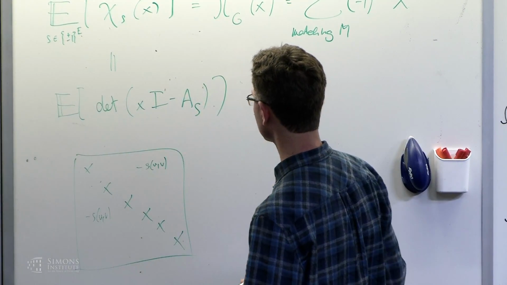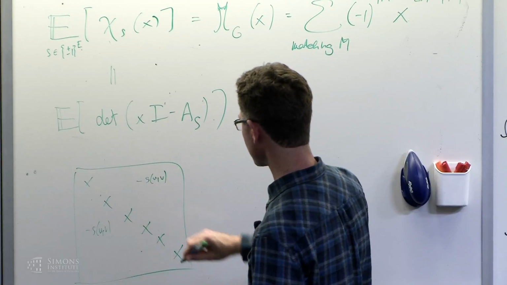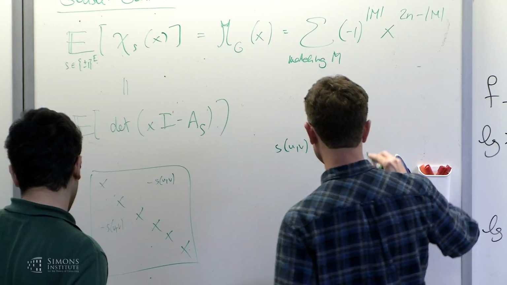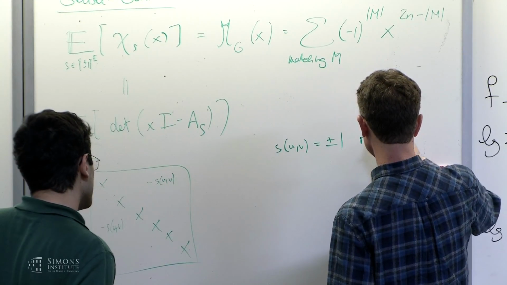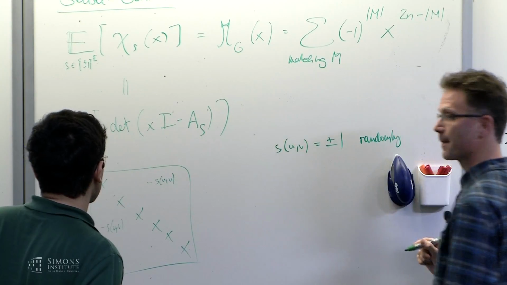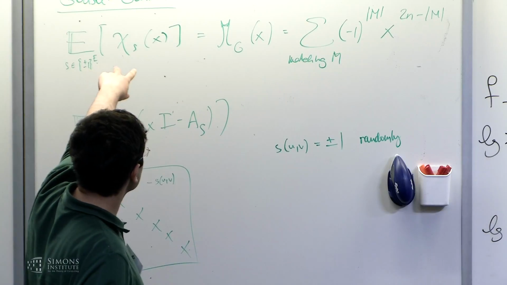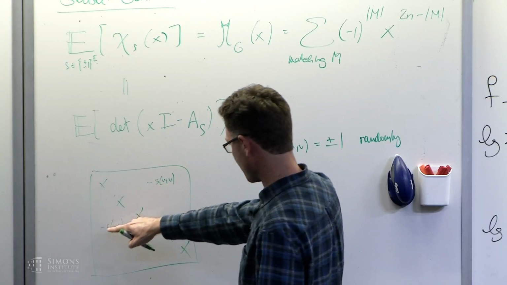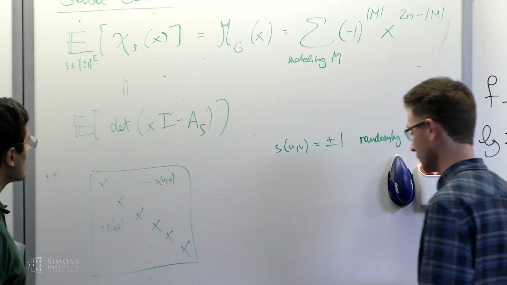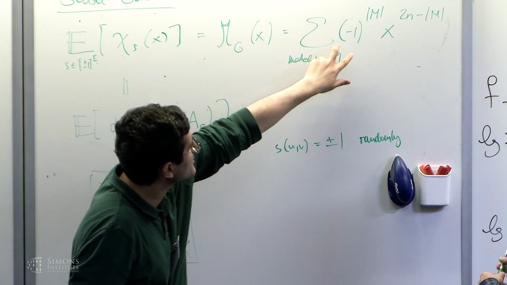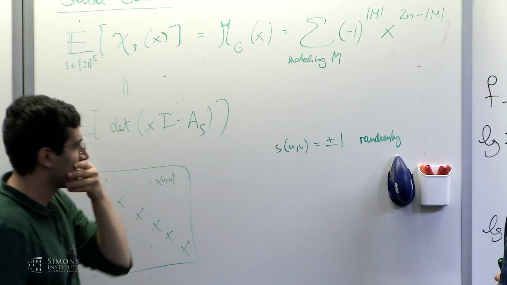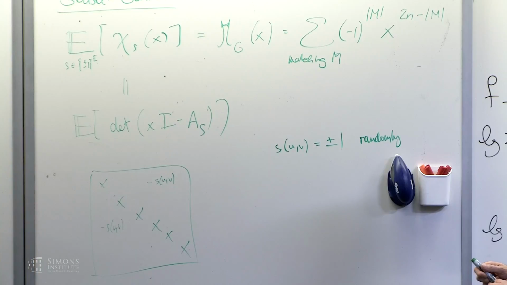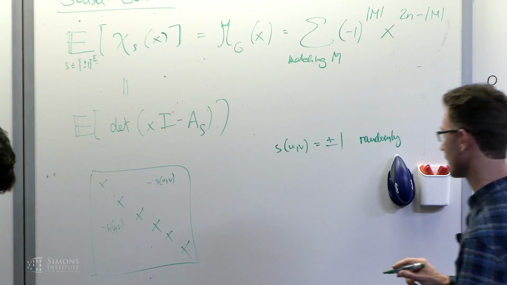These are plus minus ones, so s_uv is plus or minus 1. Are you assuming it's a symmetric matrix? It is symmetric, they're both minuses. Okay, I think it's correct.